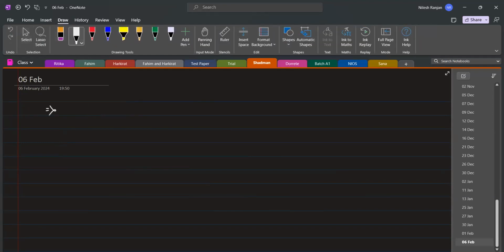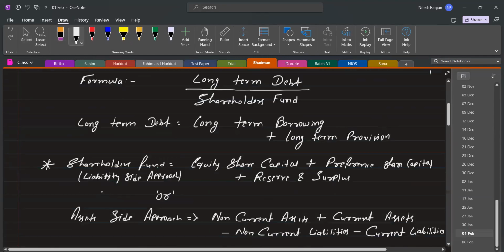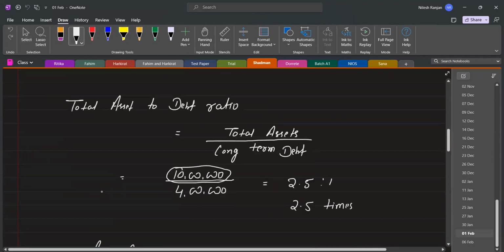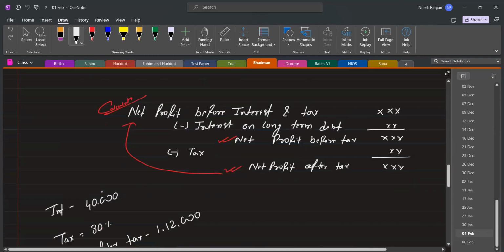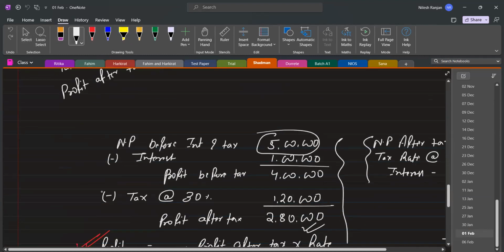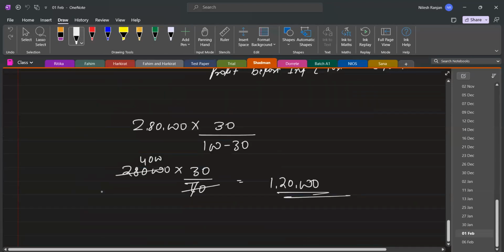Okay, so we have covered our debt equity ratio, the total asset to debt ratio, and then interest coverage ratio.